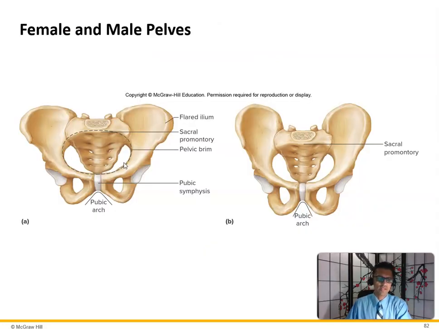Now there is a difference between a male and female pelvis. Obviously the female pelvis is a little bit wider just for childbirth. In this male birth canal, you definitely don't want a child coming through there, unfortunately, because the sacrum is pointing this way, the baby would get stuck right here. For the females, this is wider, more oval shape, and then the sacrum is tilted posteriorly so that the baby can go through the birth canal.